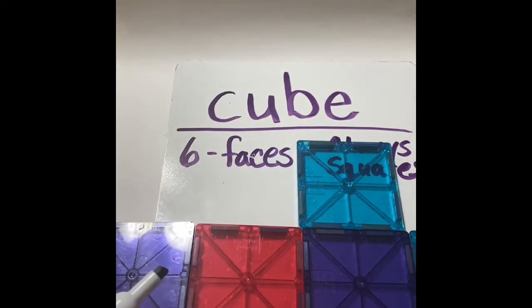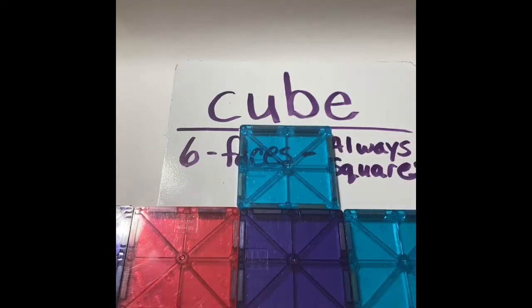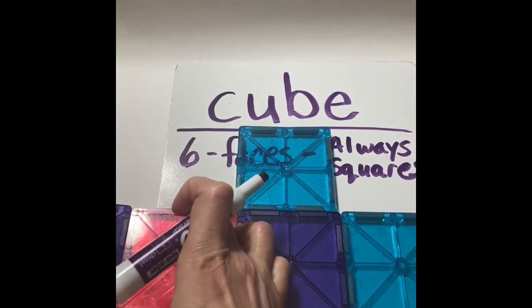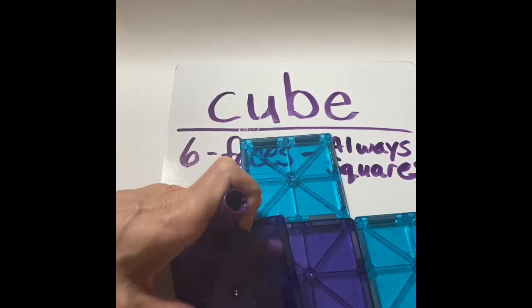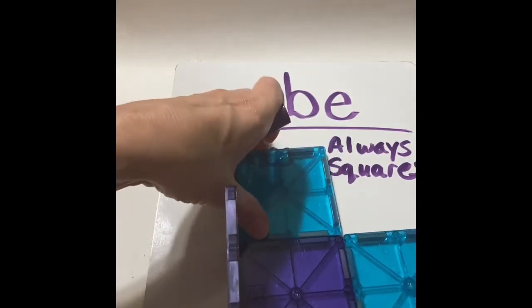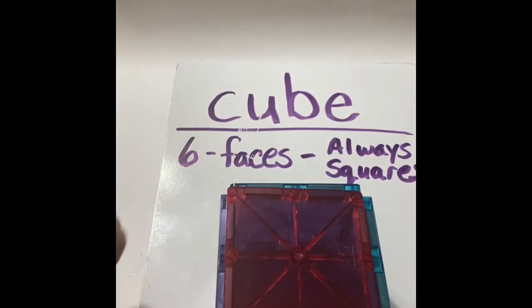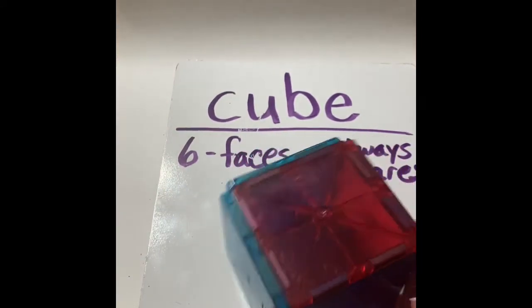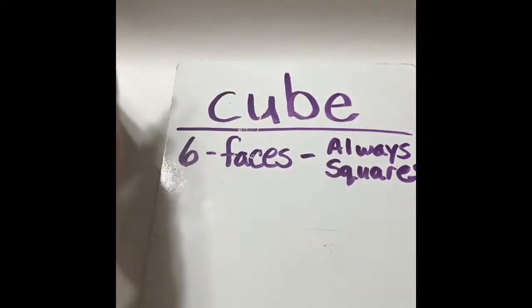Okay, 1, 2, 3, 4, 5, and 6. If I bring these up, I can make a cube. So 6 faces on a cube, and each one is a square.